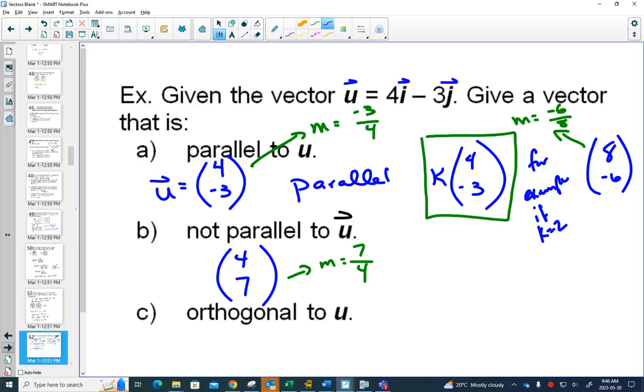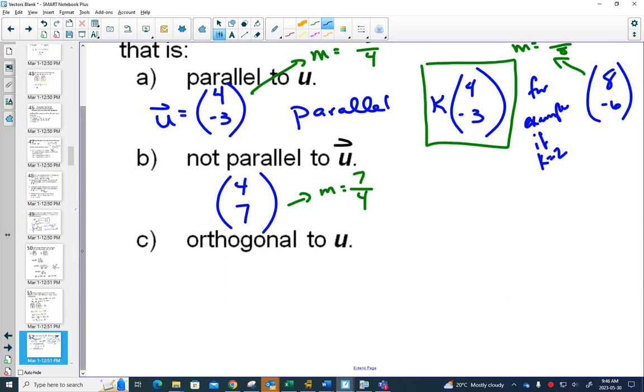Now, if you want to pick something orthogonal, well, we could think about the dot product, because if I pick orthogonal, the dot product would have to equal 0. But the mathematics gets a little bit tricky there because you have, here's u, 4, -3.